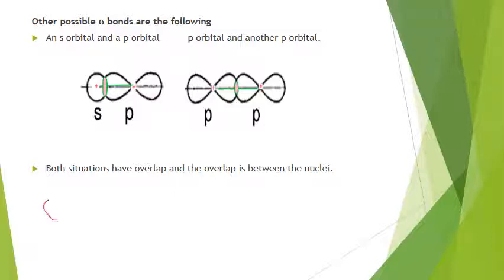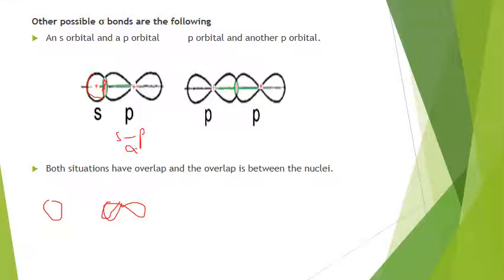Now there are other possible sigmas you could have. You could have an s orbital and a p orbital. Remember a p orbital has this figure 8 shape, and they can overlap too. So you can have one side of the dumbbell interact with the s, and that overlap can be between the two protons.